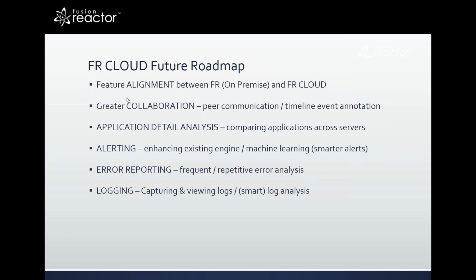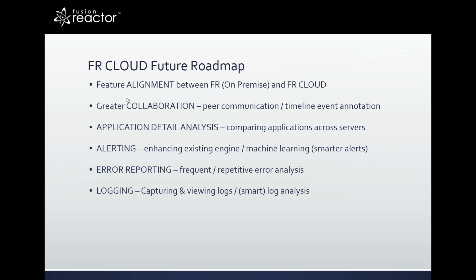We're going to be enhancing the alerting capability, and we're going to be introducing some machine learning with what we call smart alerts. With the error reporting, we want to introduce the ability to analyze if there was an unusual spike.